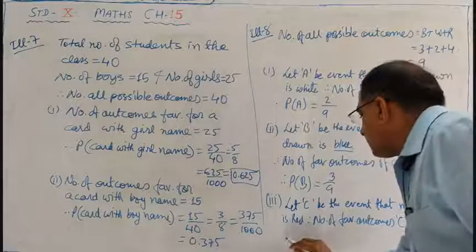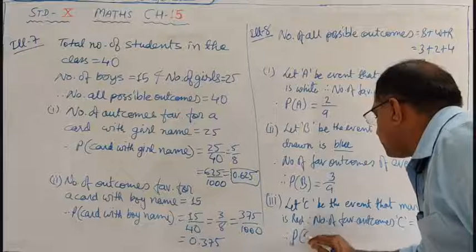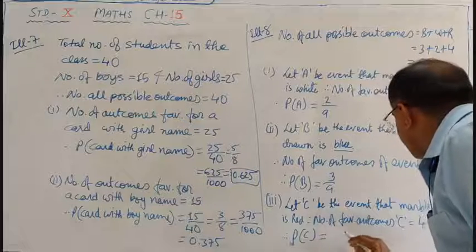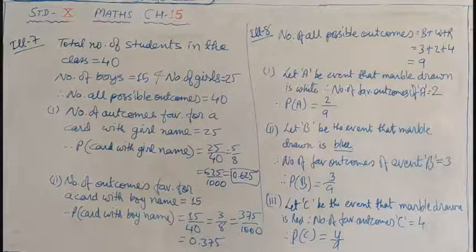That is red, and therefore probability for the event C is equal to, here there are 4 balls out of 9, so the probability is 4 by 9.